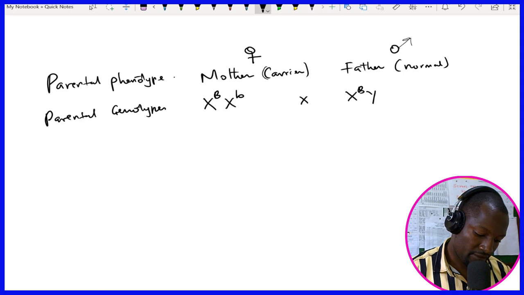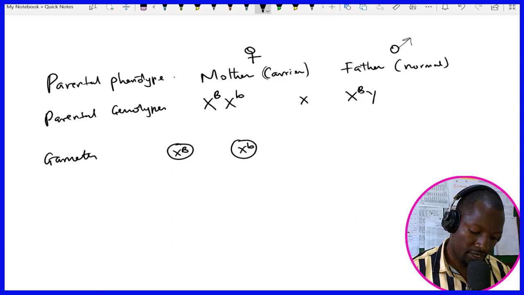So we shall have the gametes. For this case, we shall have this one, we shall also have this one, we shall also have this, and we shall have that. Now, these gametes represent the parental genotypes.